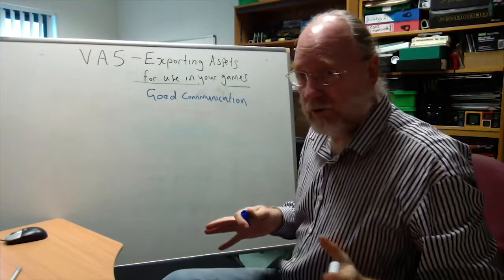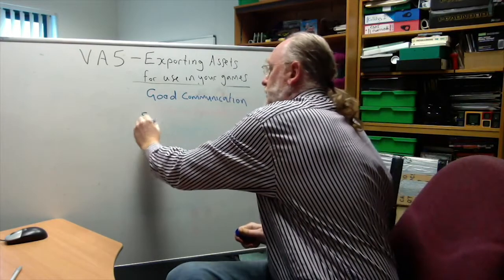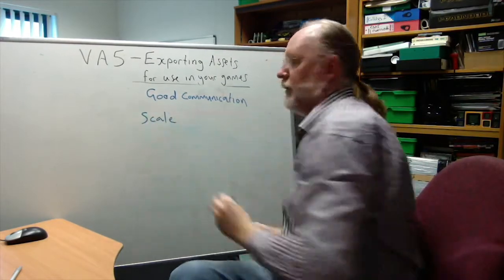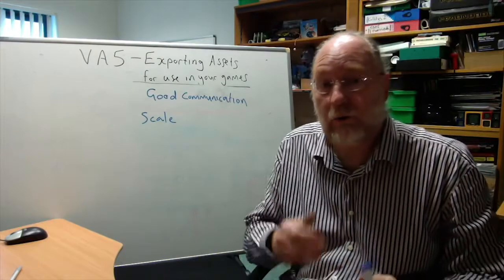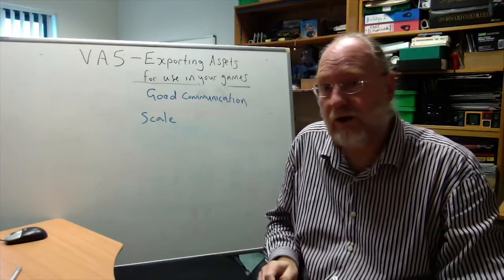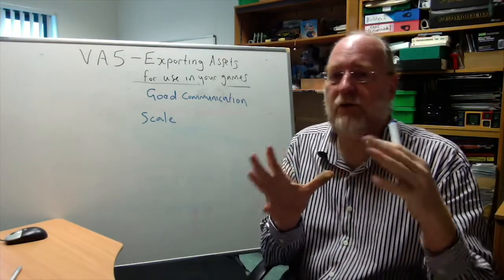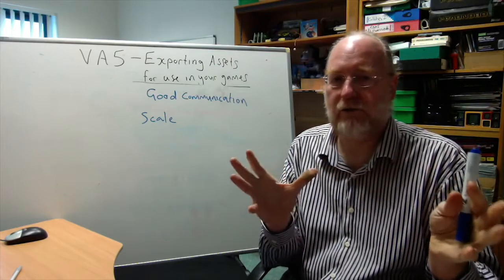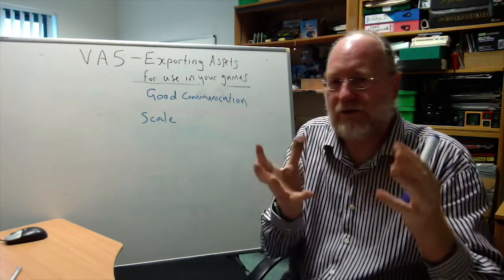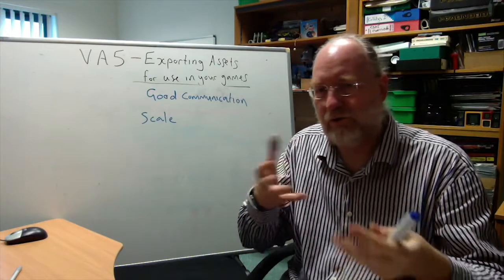So some of these issues, one of them is about scale. Now, if you've got several people making 2D or especially 3D art assets, when you make something in a virtual environment like 3D Studio Max or Maya, it doesn't exist in the real world. It's just concepts, triangles, and so on.